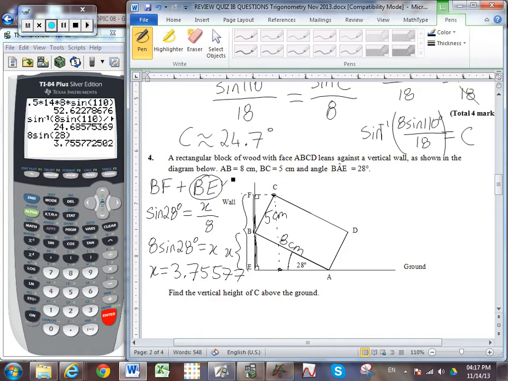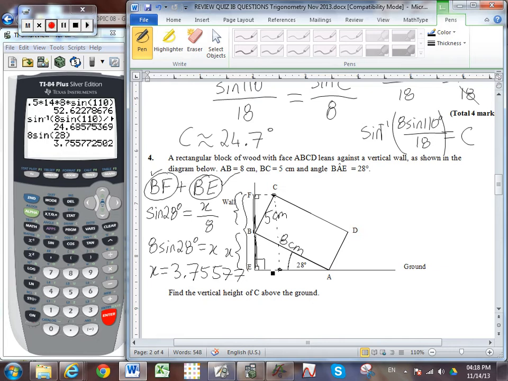I now need to find this other one. So I've already found BE, that's great. Now let's look for BF. That's going to be this length up here, which is a part of this triangle. Now we've got a little bit of a problem because we knew what one of the angles was in the lower triangle, but we don't have any of the angles in the top. But let's just go through this logically for a moment. If this is 90, and this is 28, that gives a total so far of 118.